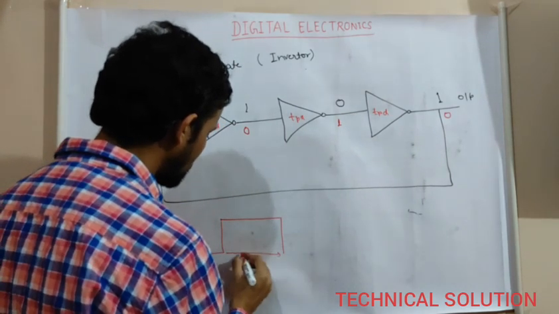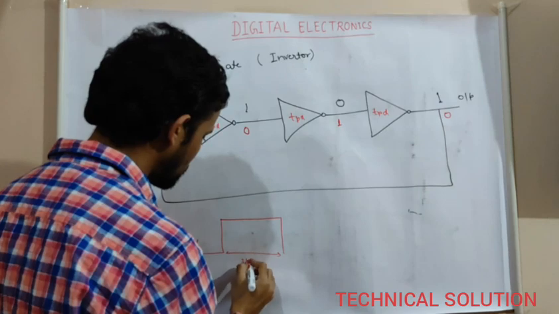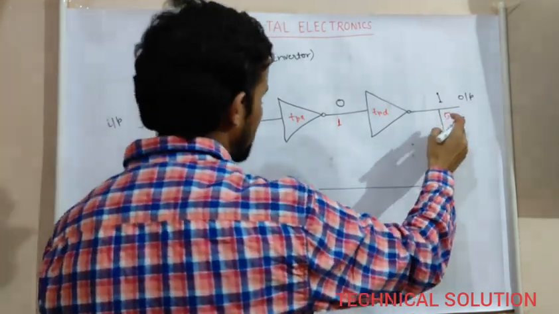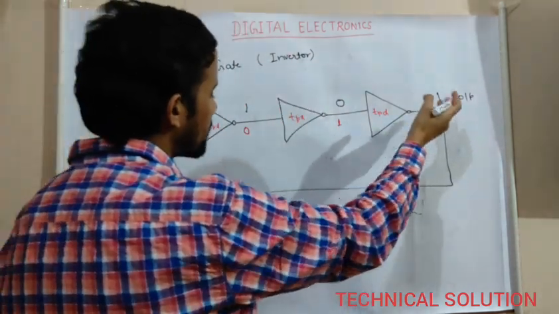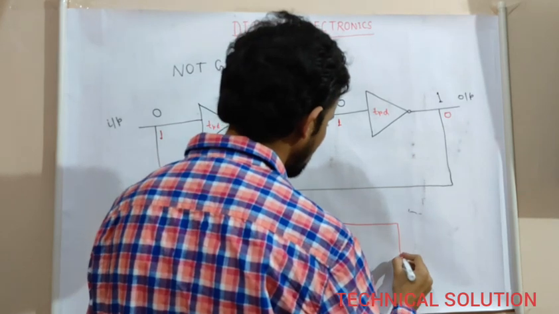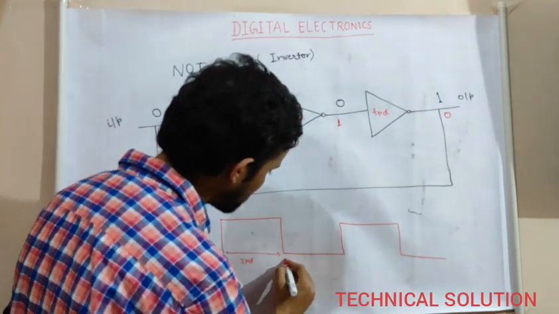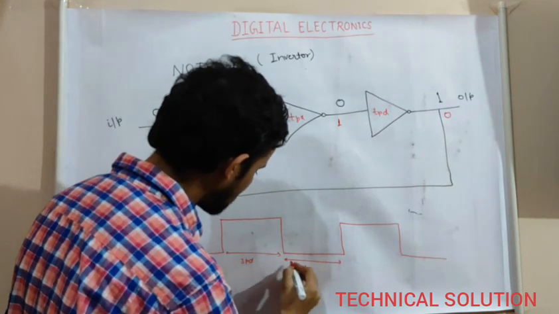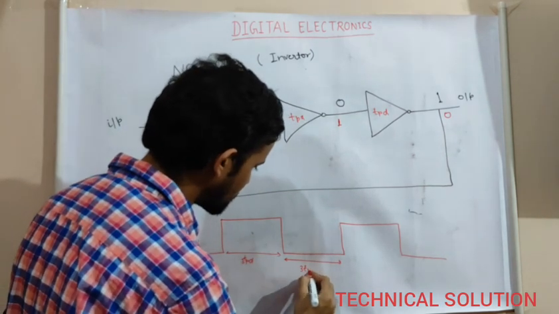This is the duration of 3 TPD. Then if we apply 0 again here, we get 1 after 3 TPD. Then the cycle is given like this: 3 TPD, 3 TPD.